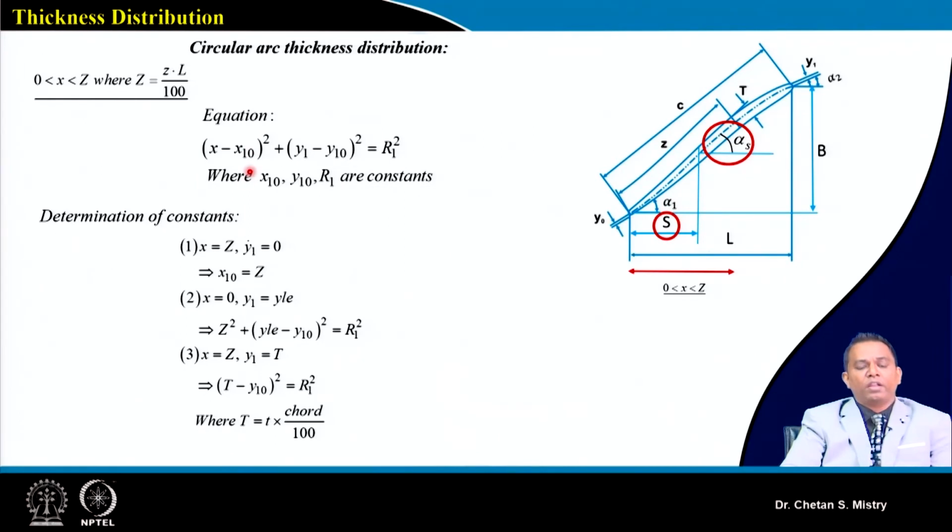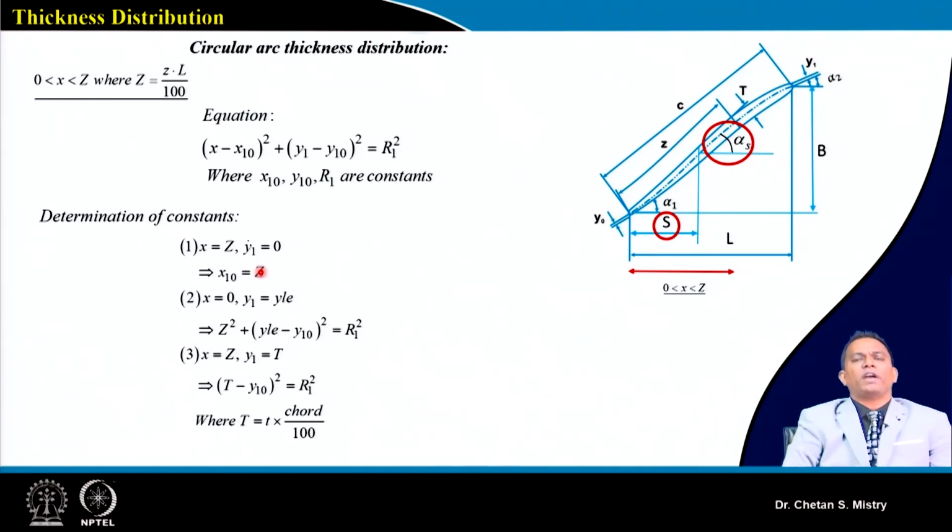We can use this circular arc thickness distribution up to some location, as we have discussed. By providing different boundary conditions, we will be able to achieve different constants. When we derive the constants, we will get the values of x as well as y.